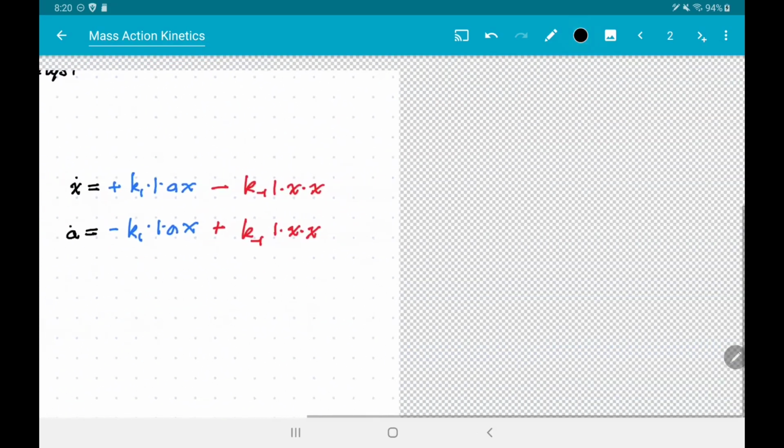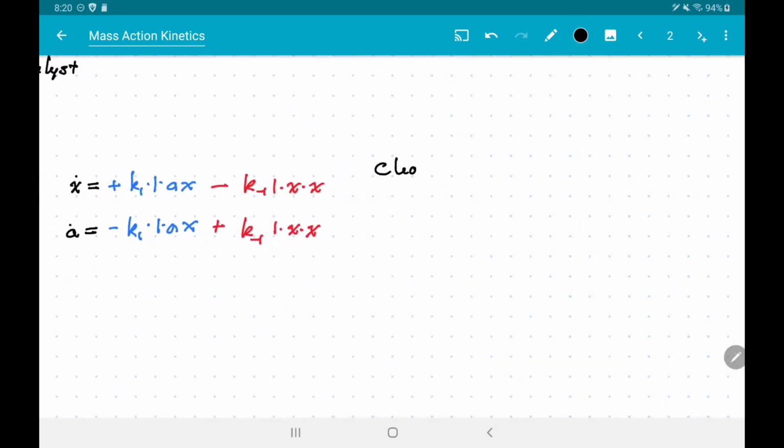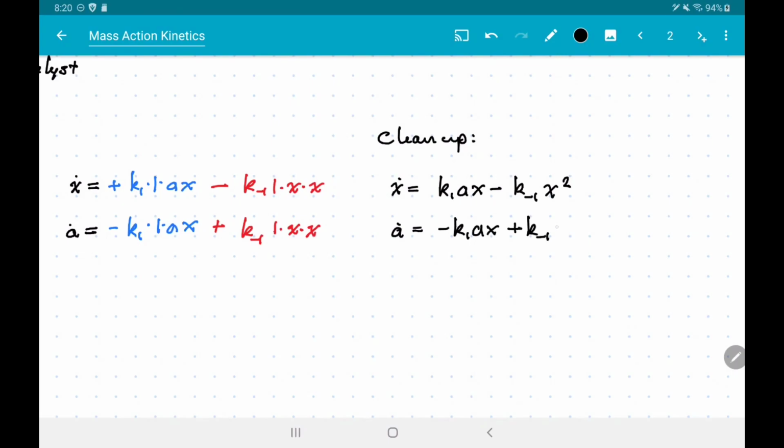If you now clean this up, you'll see that x dot is k1 a x minus k minus 1 x squared, and a dot is minus k1 a x plus k minus 1 x squared.